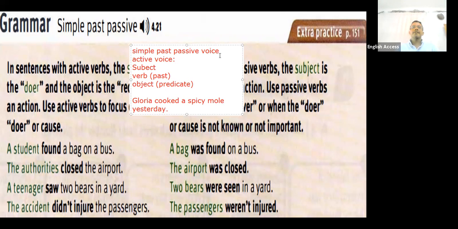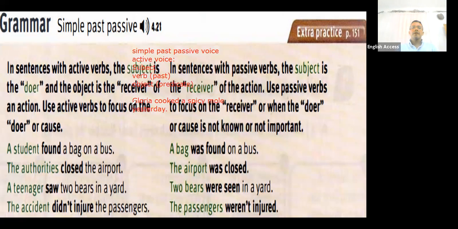In this case, Gloria is the subject, we have the verb in past tense, and we have the object, right?